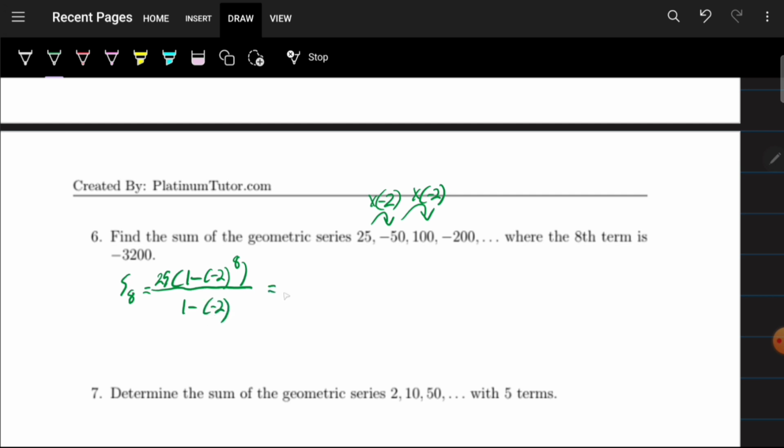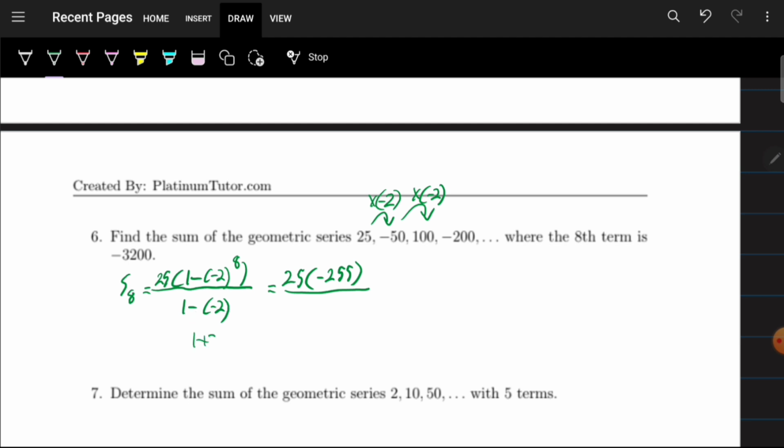Okay, so let's work this out and see what we get. So that's 25, and let's see what 1 minus negative 2 to the 8 is. So this is going to be negative 255 all over 1 minus negative 2. The negatives cancel out.